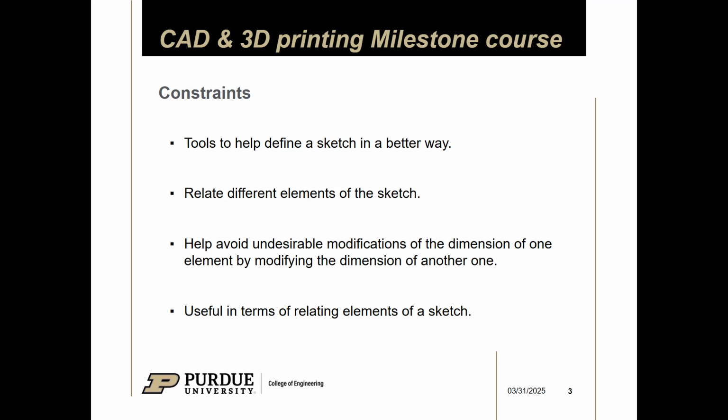Last week we were talking a little bit about constraints, mainly the dimensional constraint, right? So we were taking a point or a line or an arc and setting its diameter or a relative distance between two different places.